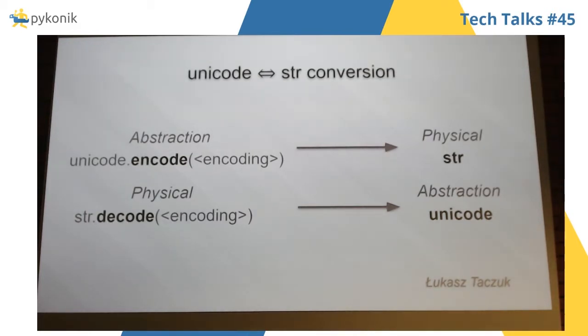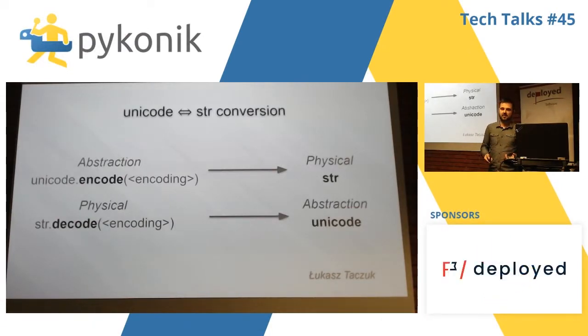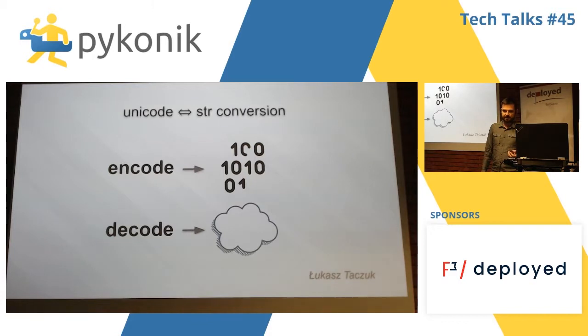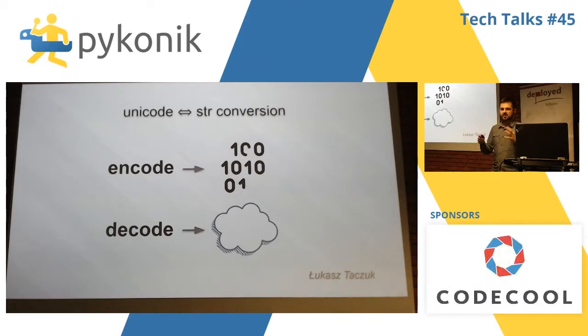And if you want to convert from a str to a Unicode object, you decode it, which means that you take the array of bytes, you provide the encoding, and this gives you a Unicode string that you can then work on. So again, the encode method gives you bytes. The decode method gives you the abstract value that is a common string.